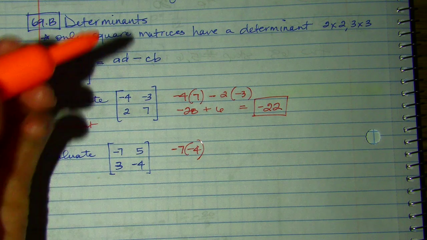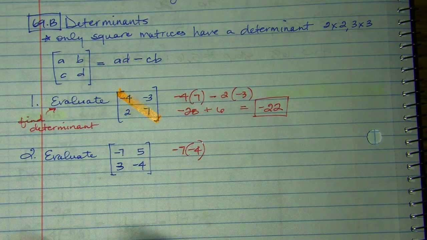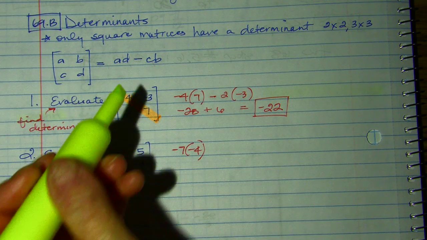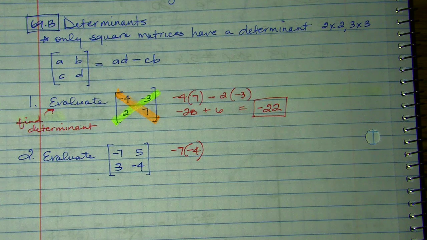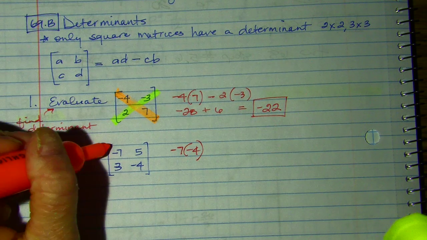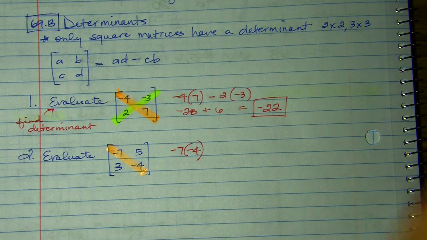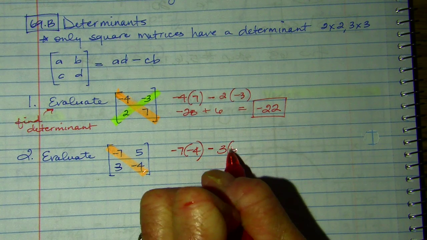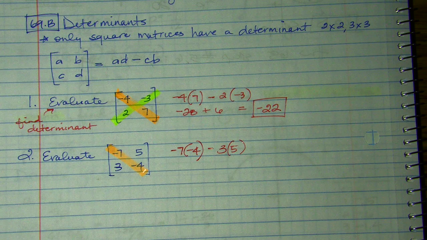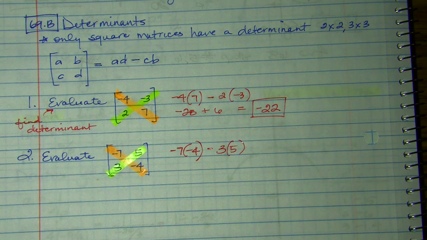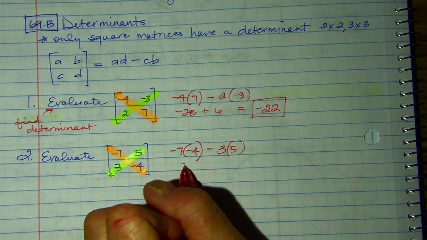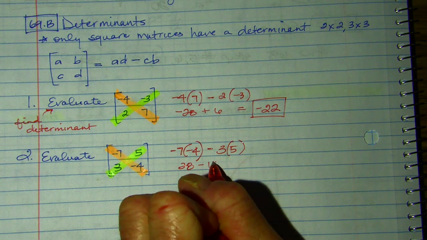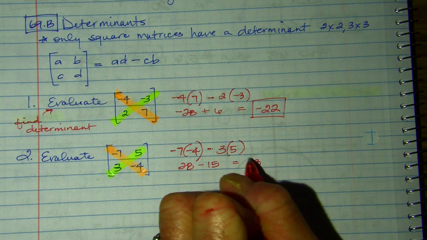So I'm taking the product of the top left diagonal minus the product of the right diagonal. Okay, so same here, -7 times -4 minus 3 times 5. Okay, so we're subtracting our products. So I get positive 28 minus 15, so this determinant's value is 13.